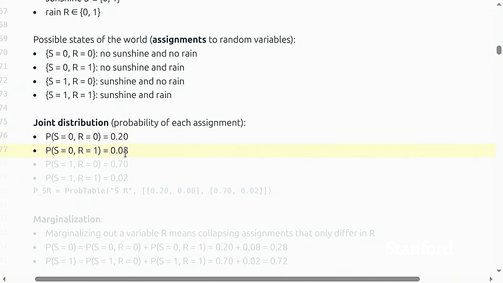And this might be 0.08, 0.7, and the probability of it being sunny and rainy is 0.02, which makes sense because it usually isn't sunny and rainy at the same time. And because we're in California, the probability of sunny and not rainy is pretty high. And if it's not sunny and not rainy, it's probably nighttime or something.